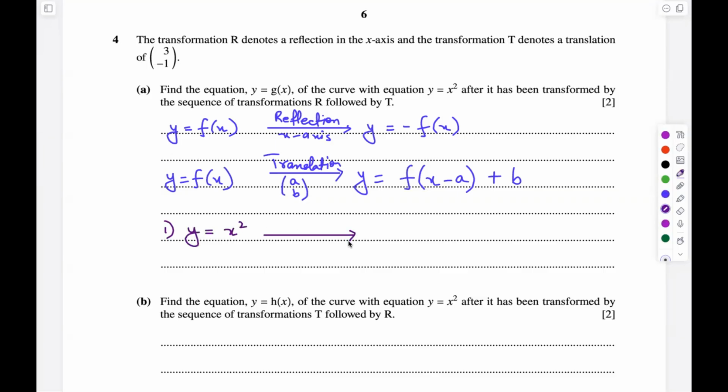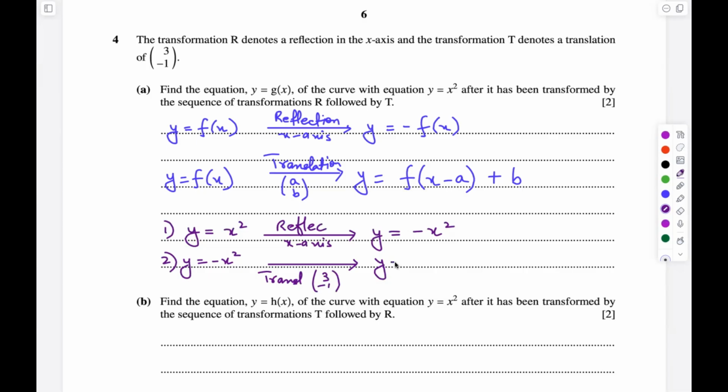As the first transformation is R, which is a reflection in the x-axis, this whole equation will be multiplied by a minus sign, and this will become minus x squared. In the second step, after the reflection, the equation y equals minus x squared will be translated, and the translation vector is given as (3, -1).